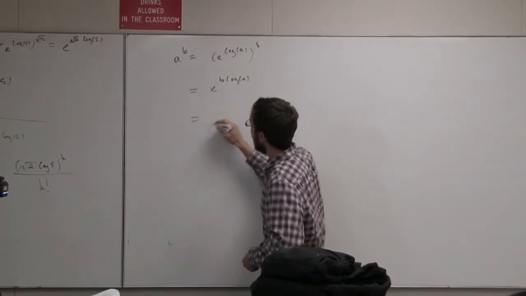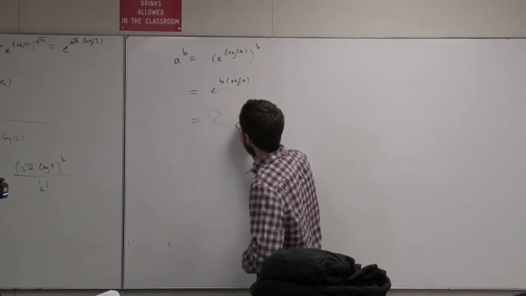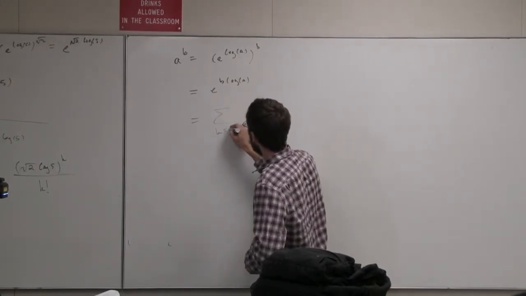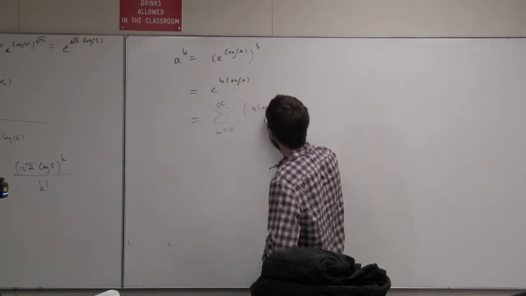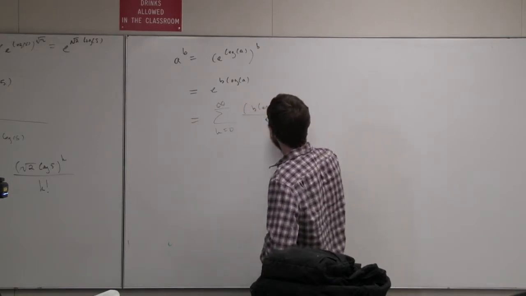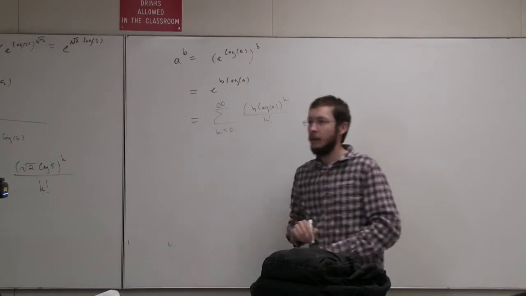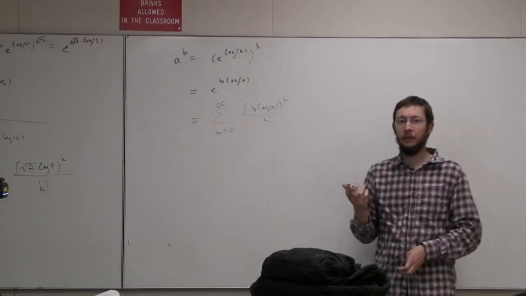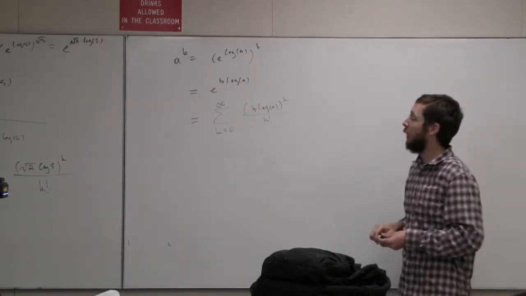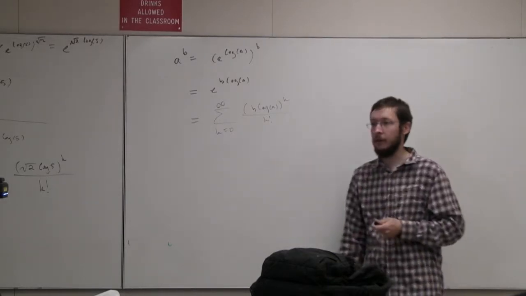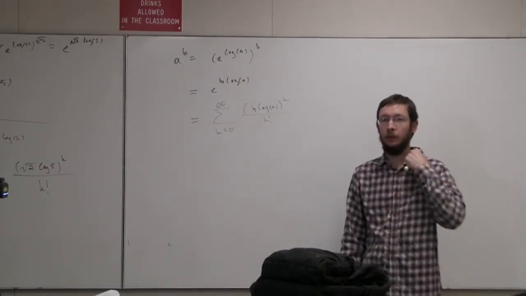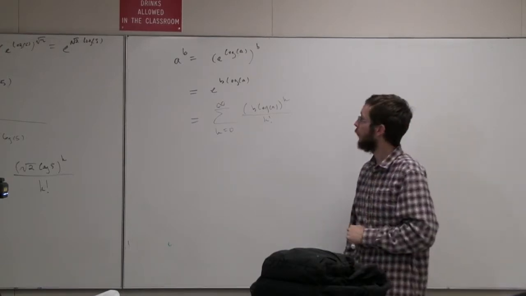And so this here can be computed with that power series for e to the x. And so this is actually the most sensible way of making sense of the irrational exponents, and not that rational approximation that we talked about last time.